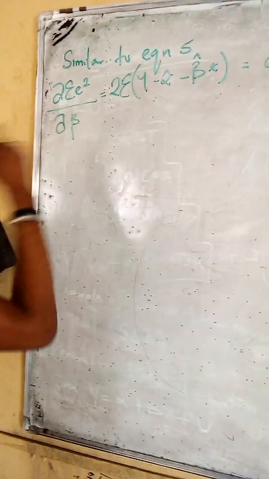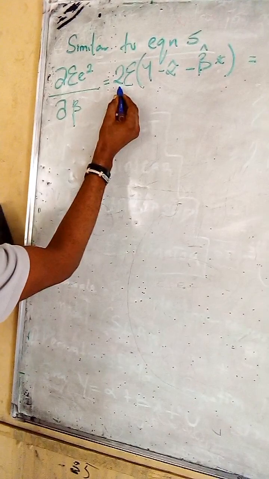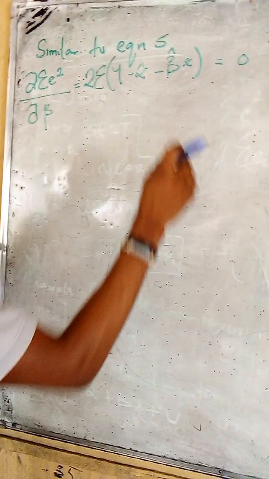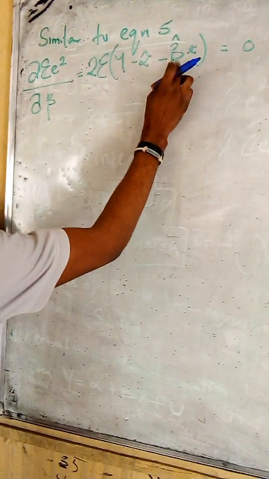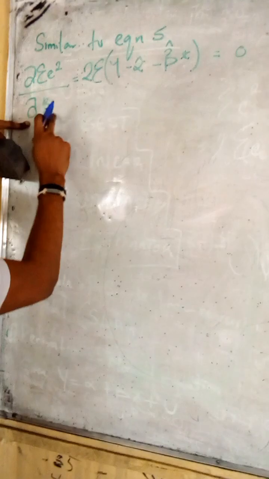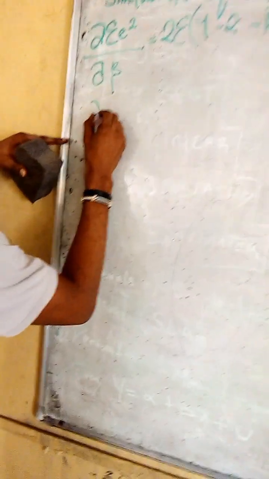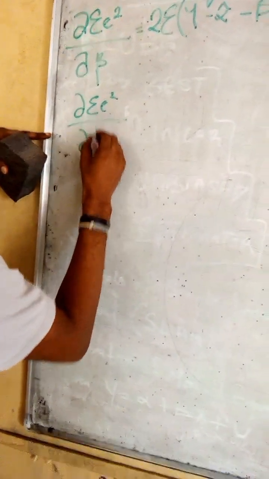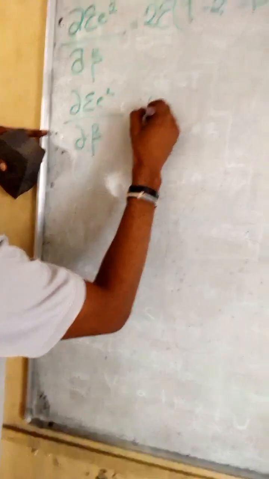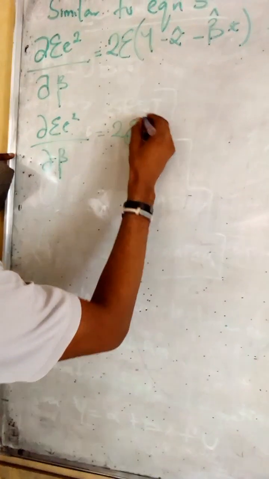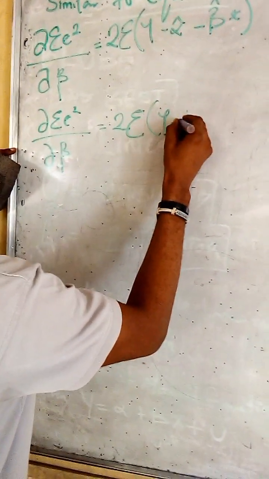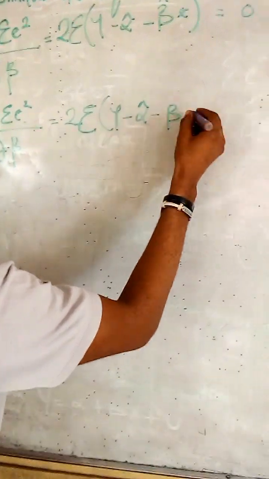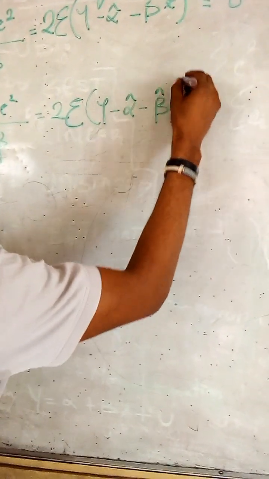Now I've minimized this, that's why I get 2e. If I want to take the derivative with respect to beta, I say the change in summation e squared over the change in beta gives me 2 summation bracket y minus alpha cap minus beta cap x.